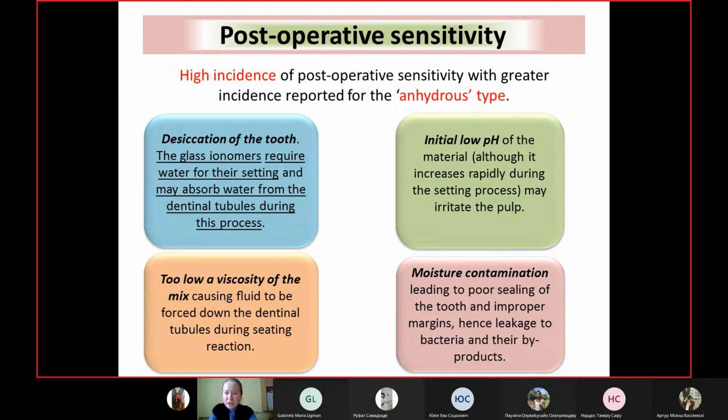Moisture contamination leads to poor sealing of the tooth and improper margins, hence leakage of bacteria and their byproducts. Also, due to the low viscosity of the mix, fluid is forced down the dentinal tubules during the setting reaction. These are the main possible reasons why post-operative sensitivity can develop in the anhydrous type of glass ionomer cements.